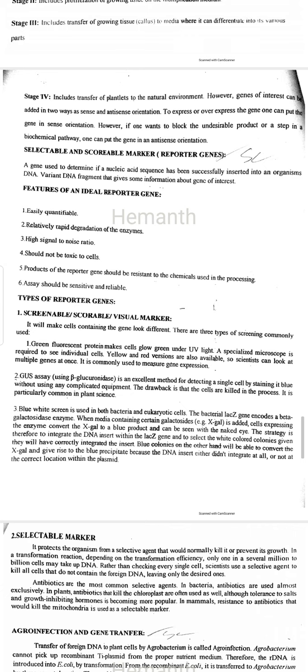Antibiotics are the most common selective agents in bacteria. Antibiotics are used almost exclusively. In plants, antibiotics that kill the chloroplast are often used as well, although tolerance to salts and growth inhibiting hormones is becoming more popular.